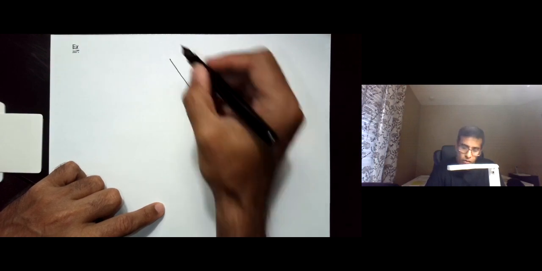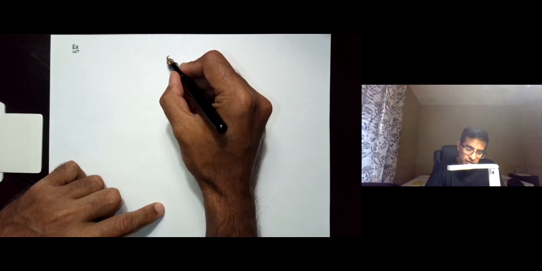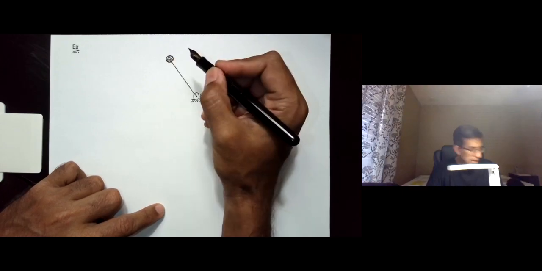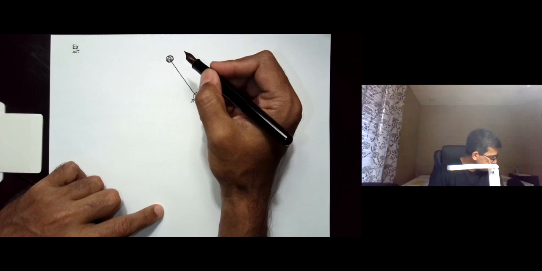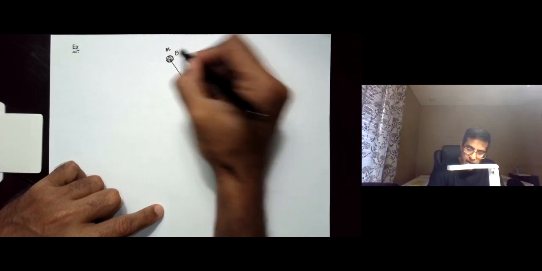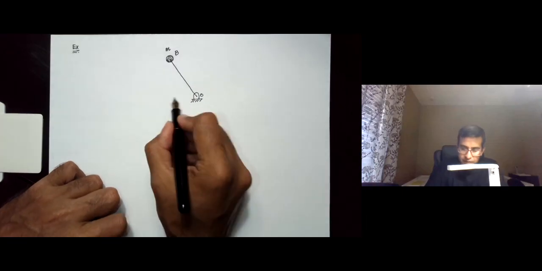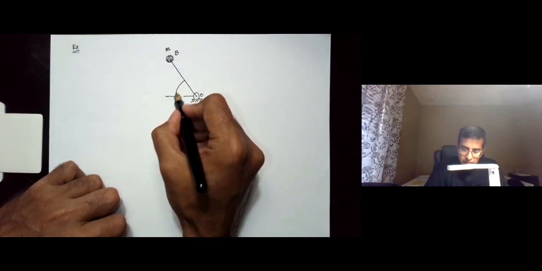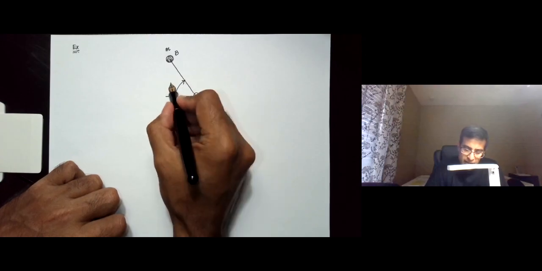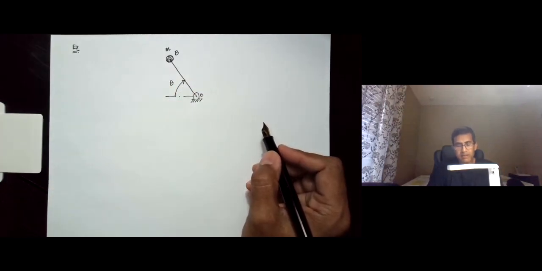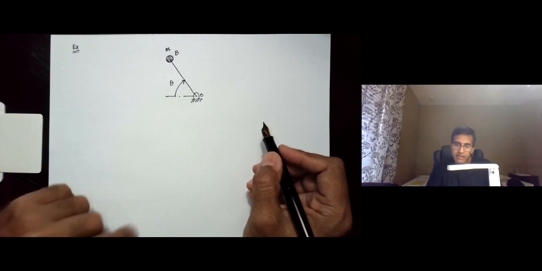Let's say this point is O. At the other end of the bar there is a particle of mass, say M, and this endpoint is B. The bar is making an angle theta. We are not considering gravity in this case.